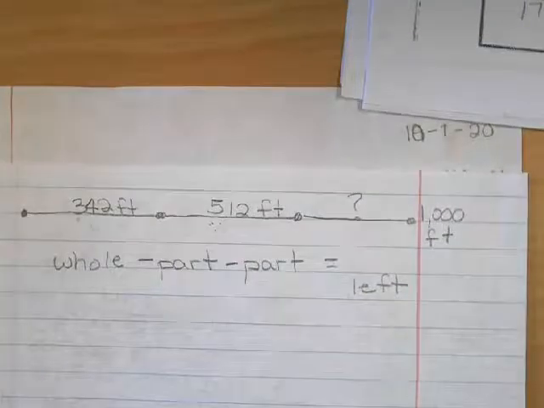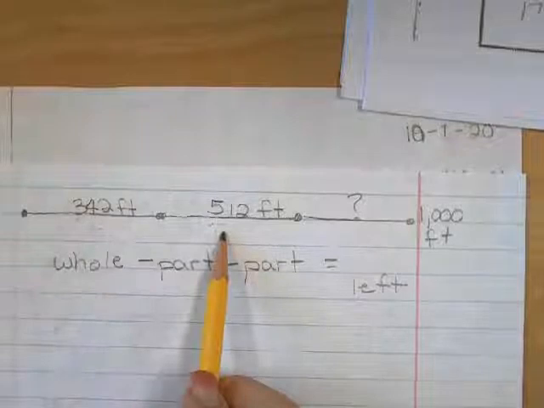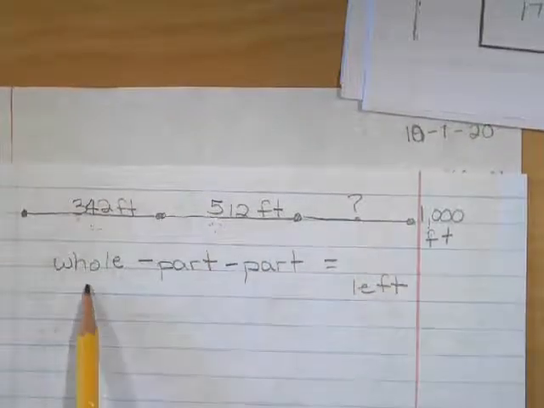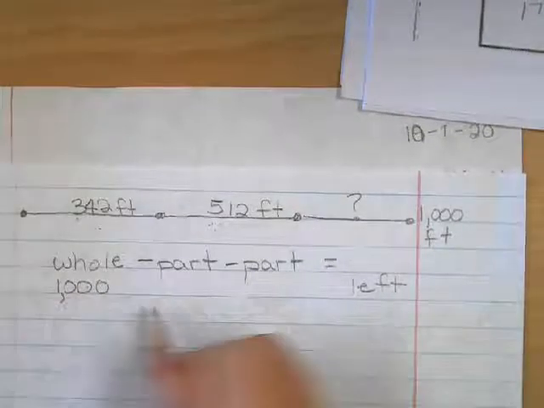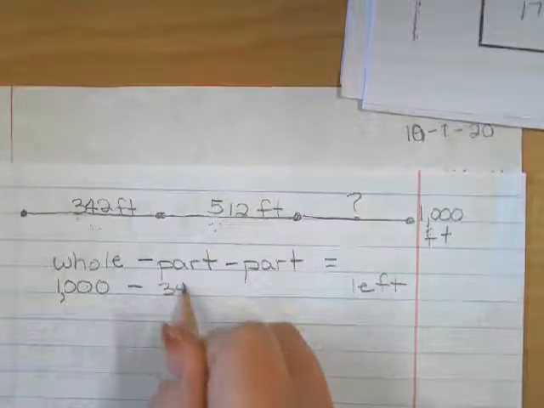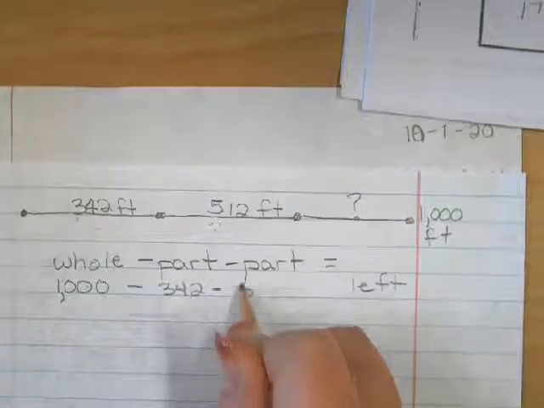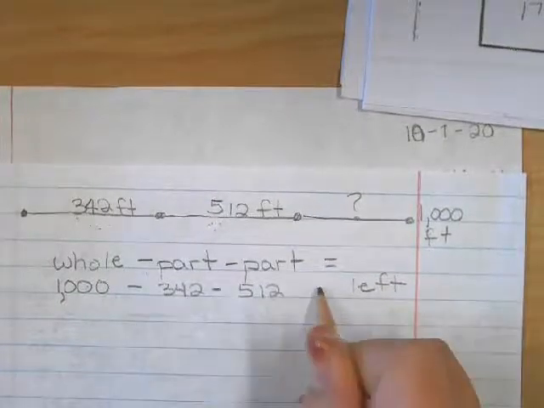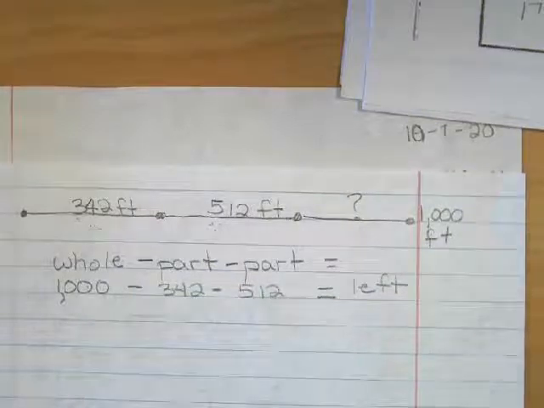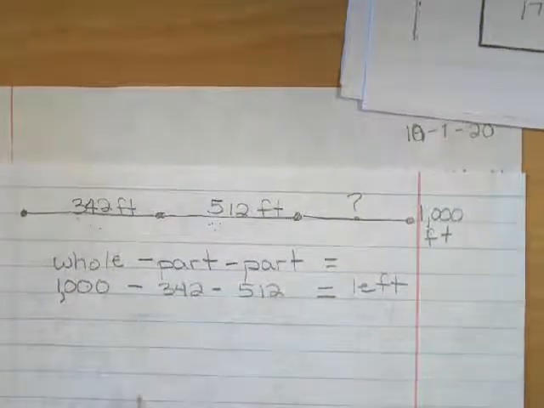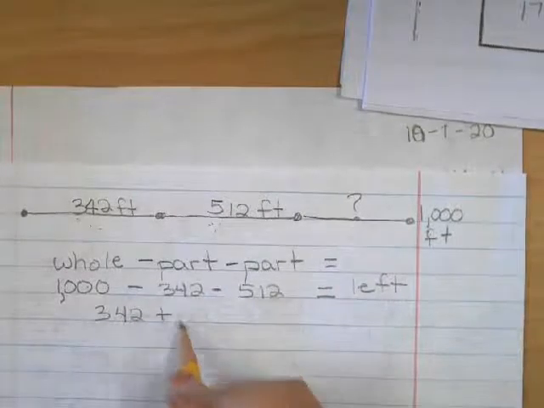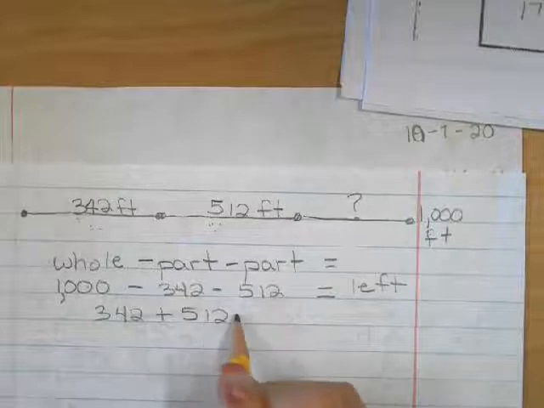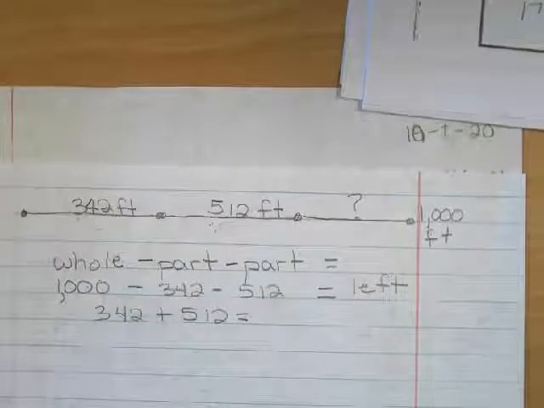So in this case, you could do one of 2 things. You could take the 2 parts that you know and subtract it from your whole, which is your 1,000 feet, to figure out what's going to be left. If you do that, let's take those 2 parts that you know and let's add them together.